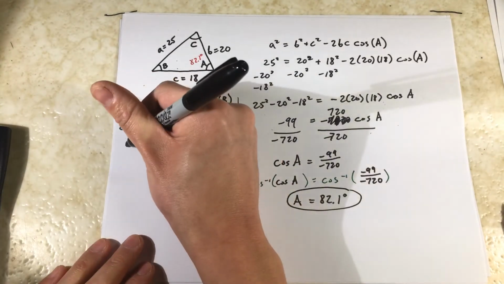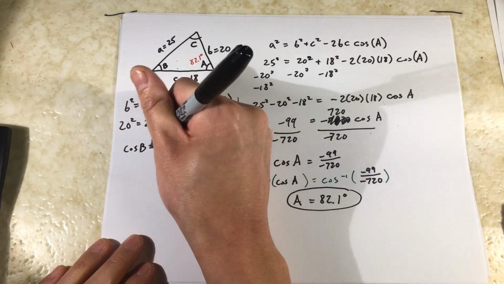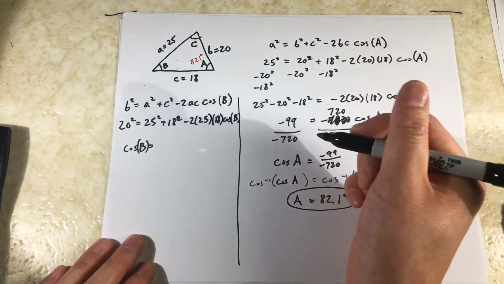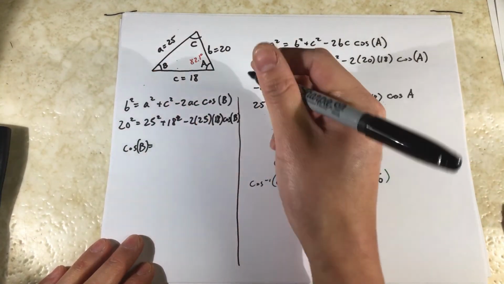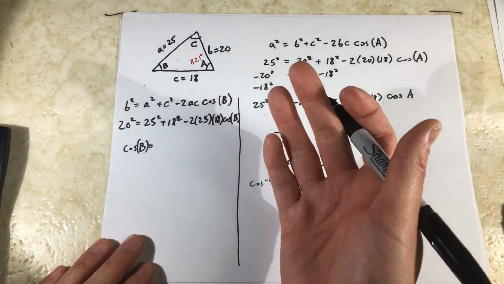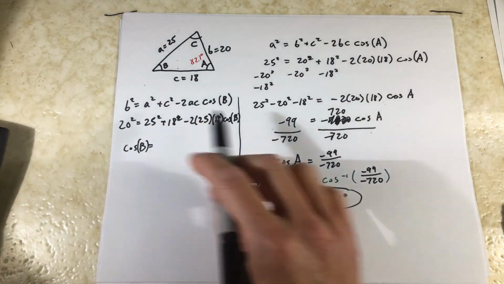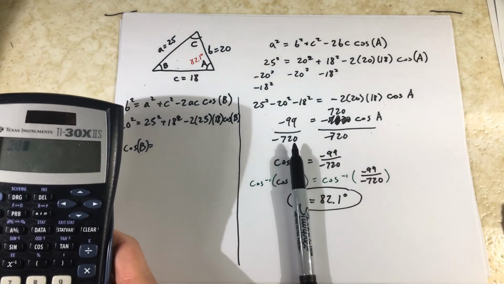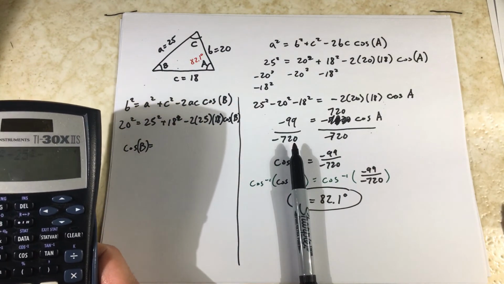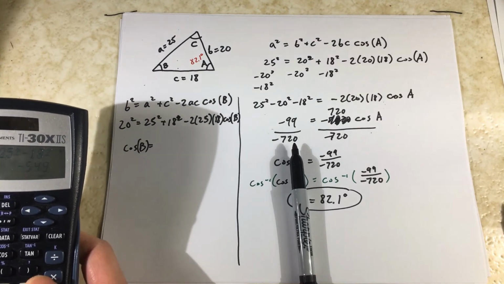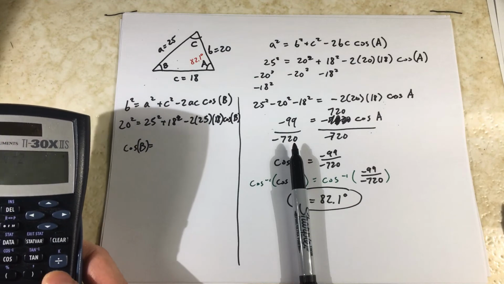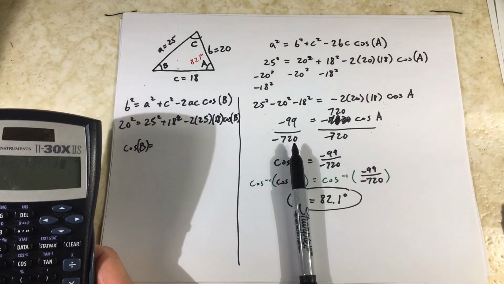So cosine B. When it gets tedious, this is where you see me start not showing every step, but it's the same thing as before. So I'm going to take 20 squared minus 25 squared minus 18 squared, and then divide that by negative 2 times 25 times 18.